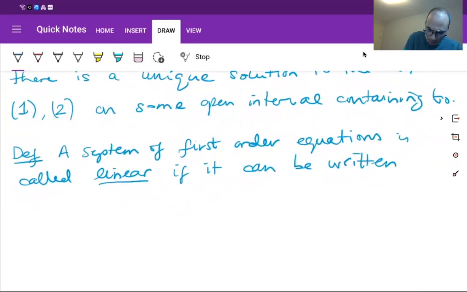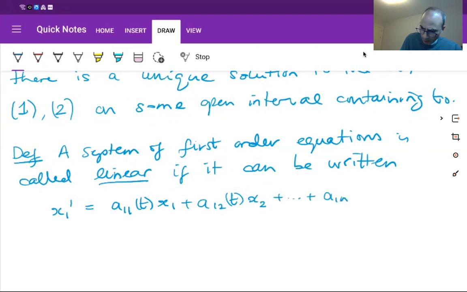in the form x1 prime is a11(t) times x1, and then we have some other terms here, a12(t) x2, all the way up to a1n(t) xn plus b1(t), and we've got x2 prime is a21. In a similar way, we have x2 prime.